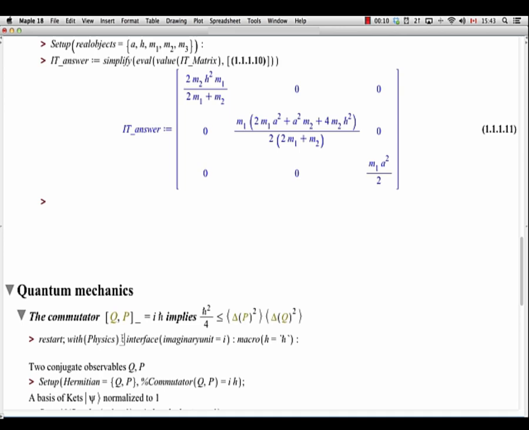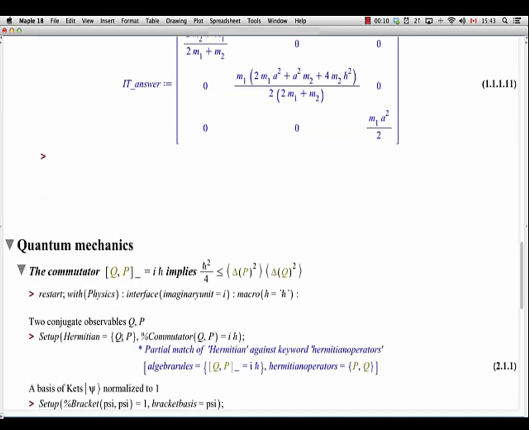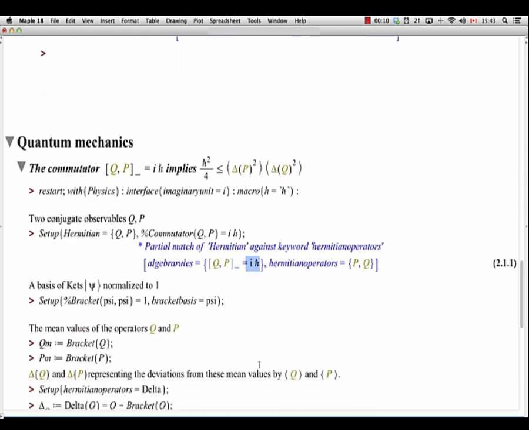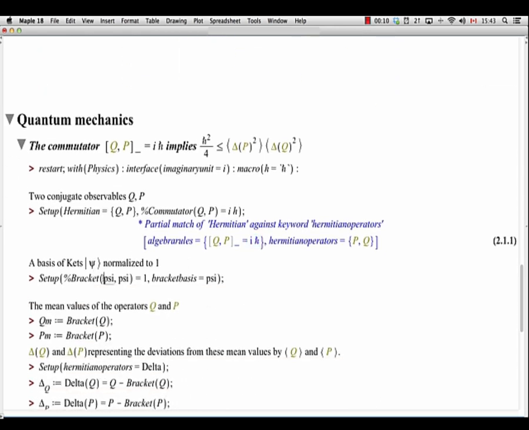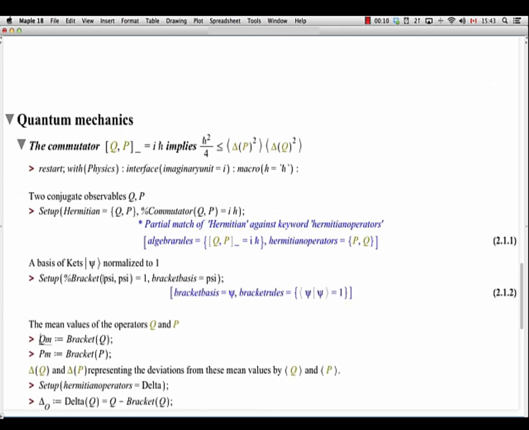To show this, we start by introducing Q and P as Hermitian operators, and the algebra rule that governs the problem, that is, that the commutator of Q and P is equal to this. And then we introduce a basis of kets psi. We will label it by psi, and we will say that these kets are normalized to 1.